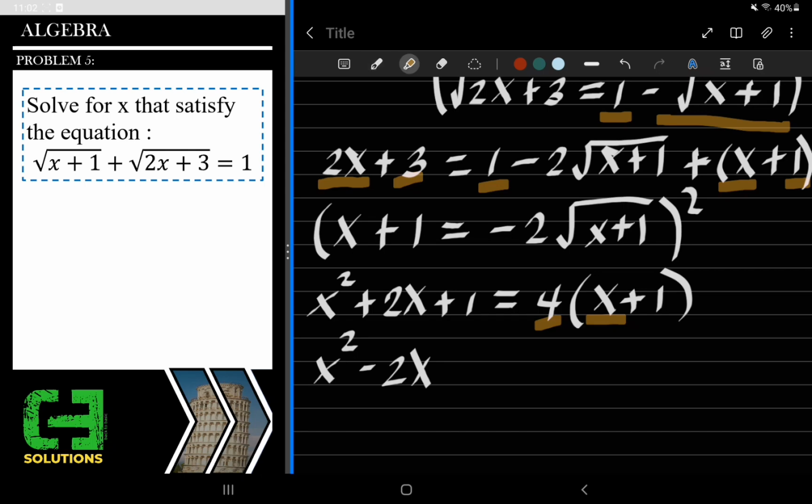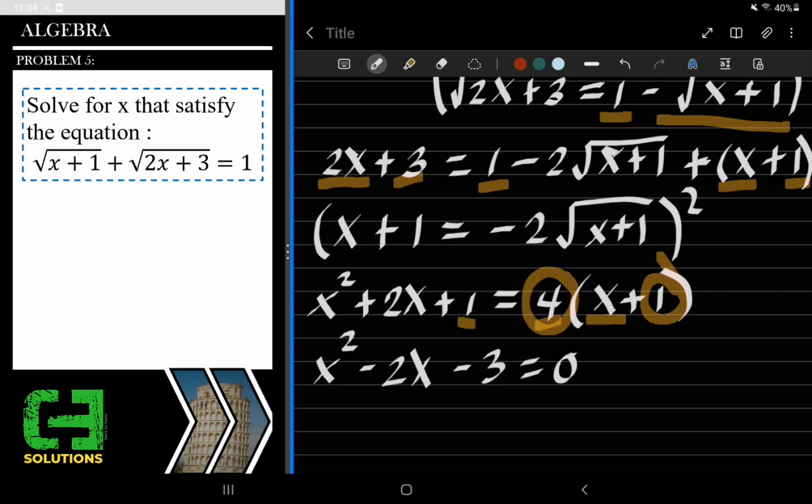Then 1 minus 4 times 1. So 4 times 1 is 4, transposed to the other side, that is negative 4. So 1 minus 4, that is negative 3, equals 0.